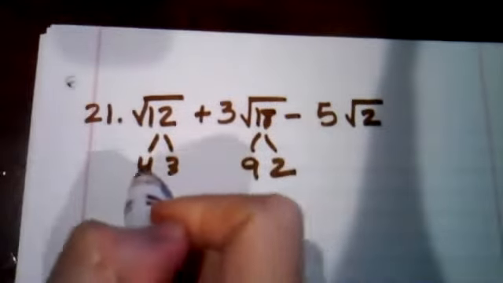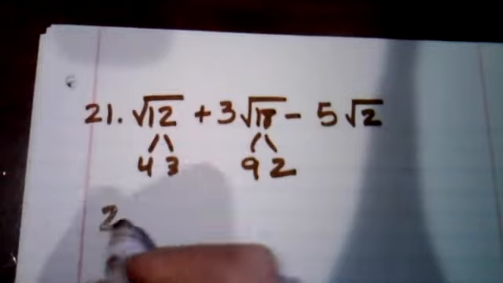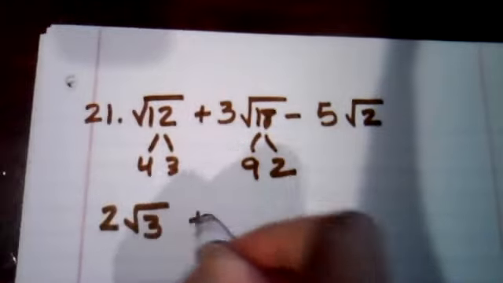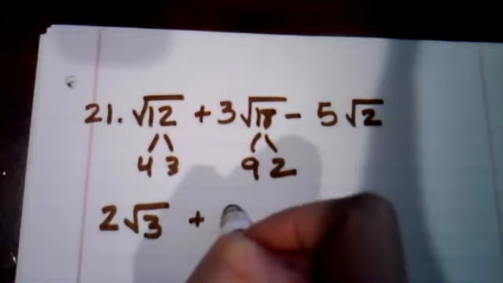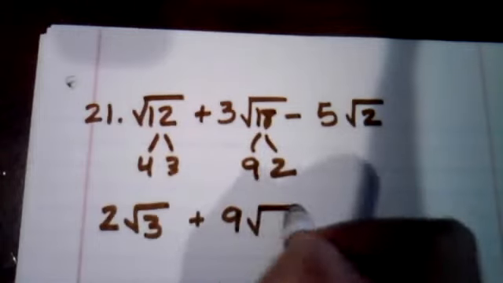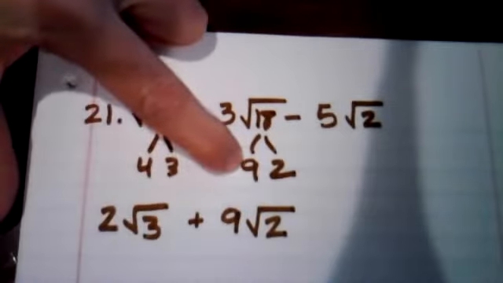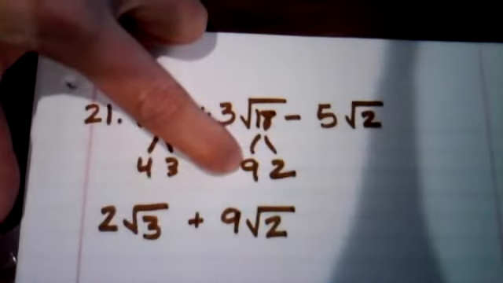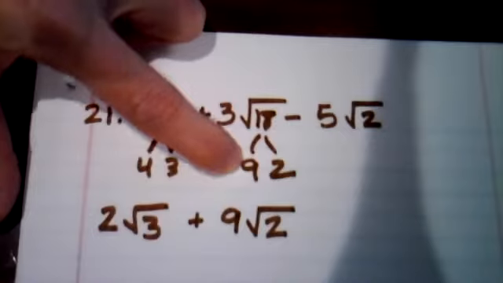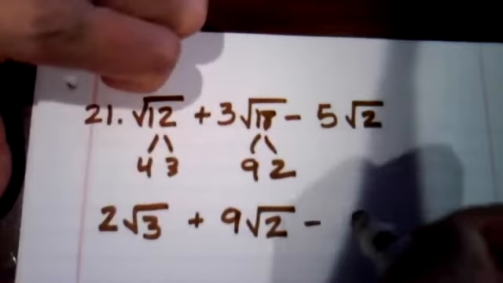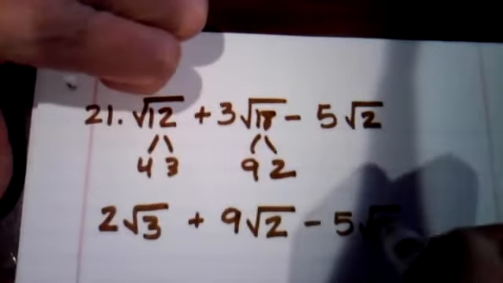Okay, so let's simplify. This would become 2 square root of 3 plus, this would become 9 square root of 2, because don't forget, when we pull the 9 out, it becomes a 3, because the square root of 9 is 3. 3 times 3 is 9 minus 5 square root of 2.